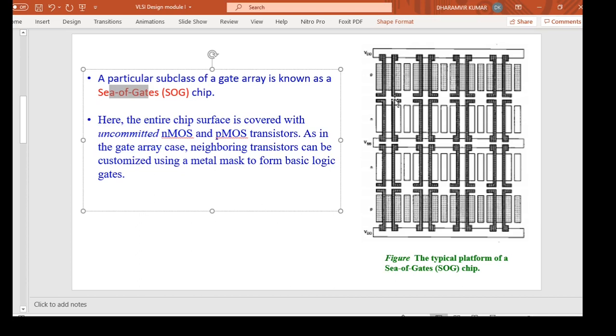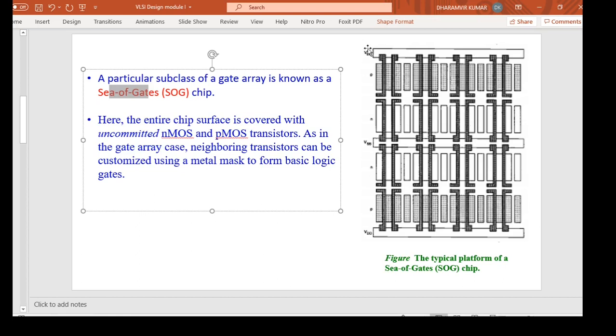So look at this diagram. This typical platform of a sea of gates SOG chip contains only transistors, this one, this one, this one, this one, and there is no space between these uncommitted transistors. Okay, these are still not used, these are uncommitted, but there is no space left between these transistors. All the space of the IC is only consumed by the transistors, right?